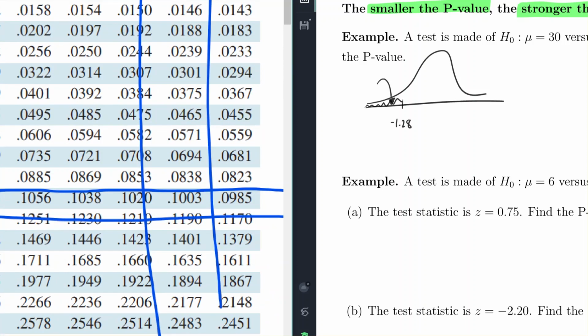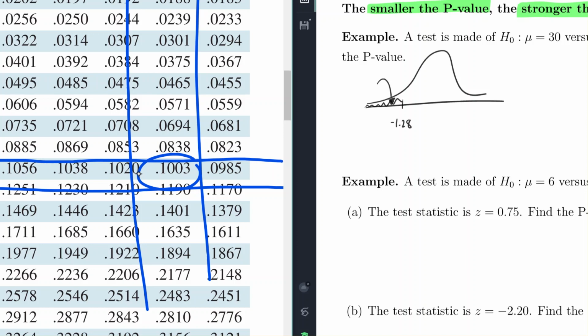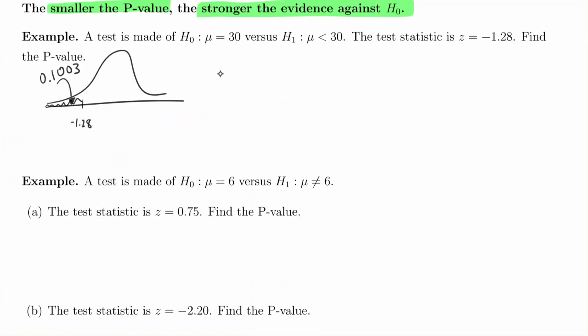Zooming in, we see the area to the left of that is 0.1003. So my p-value is just the area to the left of that score, 0.1003.